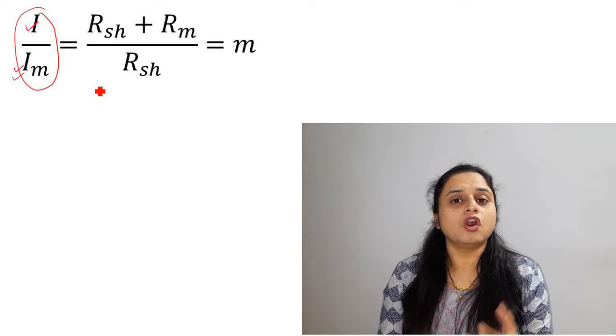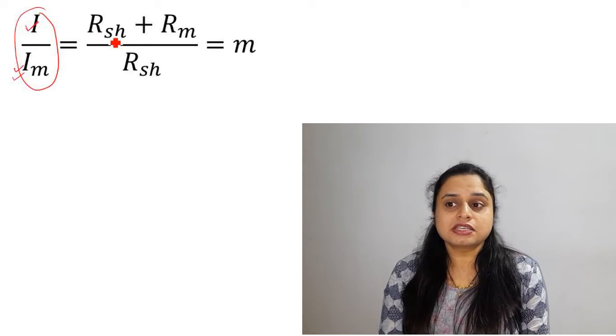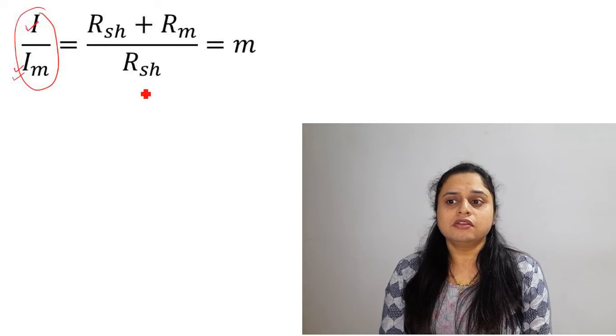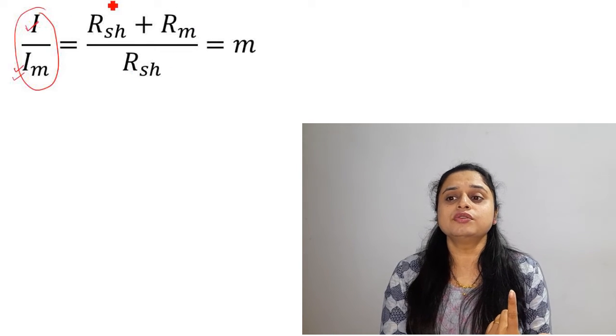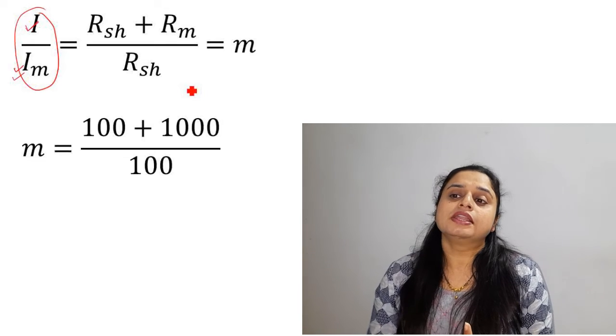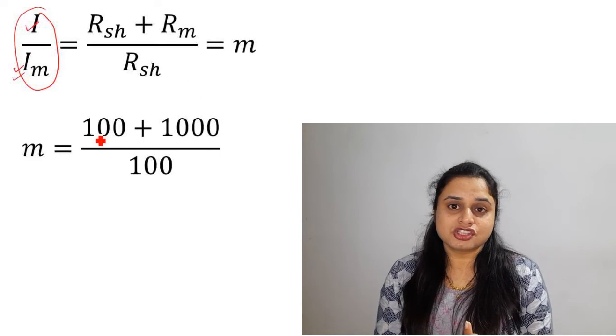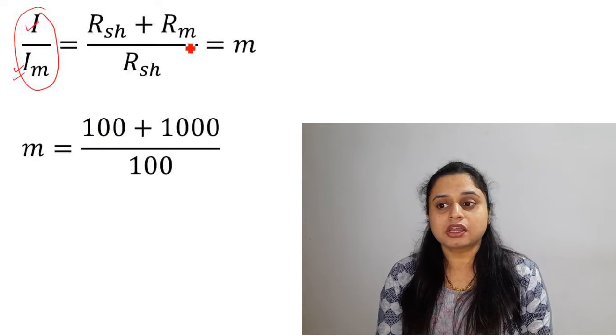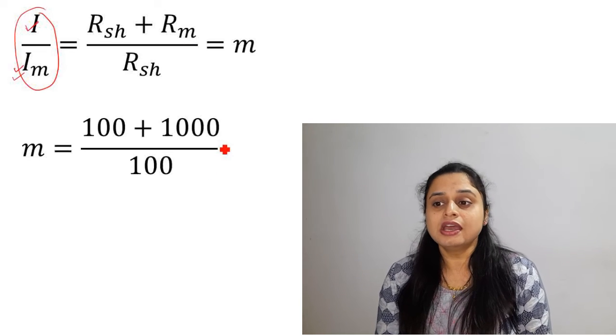Now in this formula all the values are known. RSH is given, Rm is given. So substitute all the values in this formula. RSH is 100, that is the shunt resistance, and Rm, that is the meter resistance, is given as 1000.